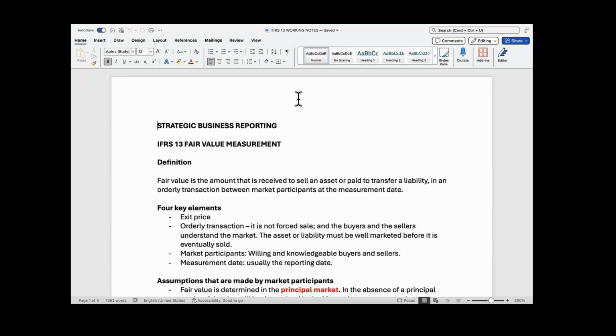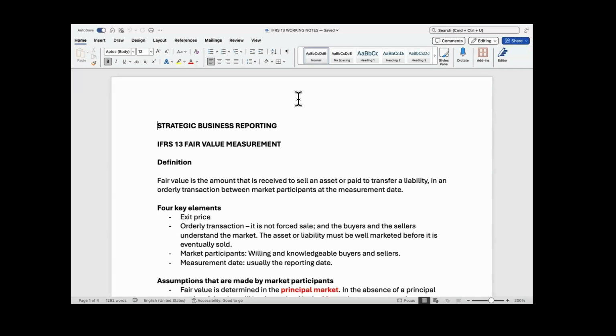Though there are some standards that decide to determine fair value on their own, like fair value in the context of IAS 19, where the actuary will determine the fair value of the plan asset and also the fair value of the defined benefit obligation at the end of the year. That is determined based on IAS 19 principles.